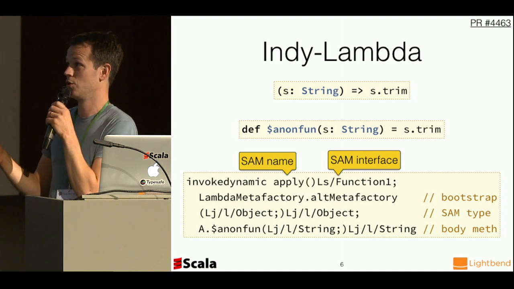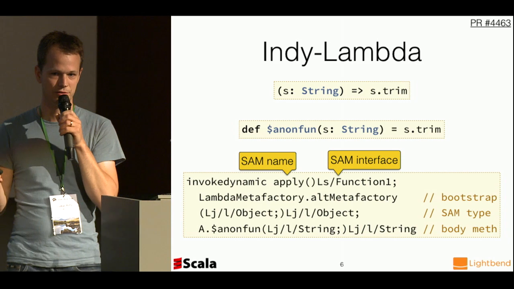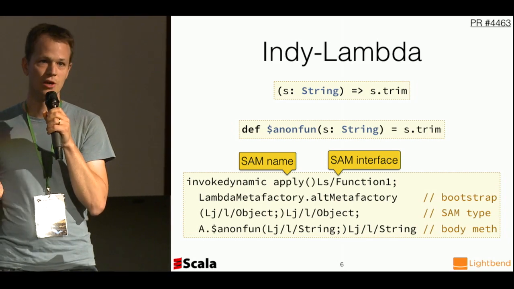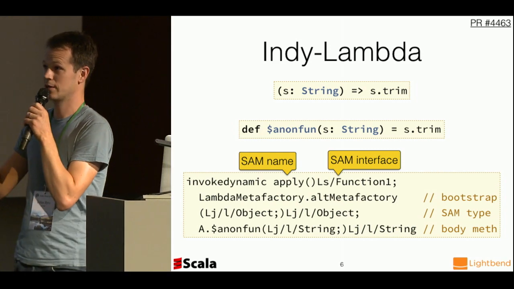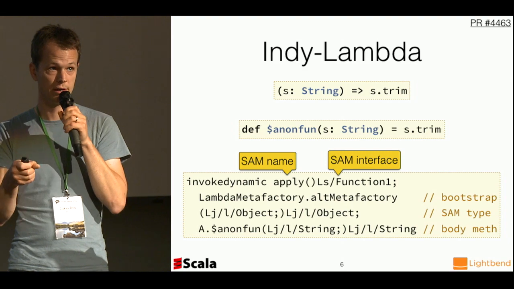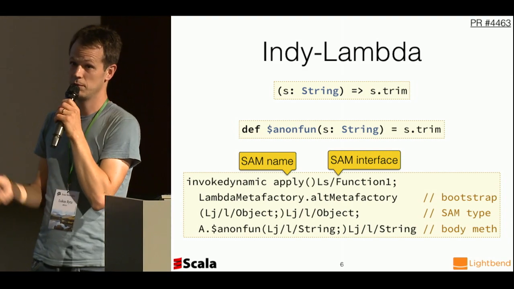Function1 is called the SAM trait here. SAM stands for single abstract method. So what this Invoke Dynamic can do is create an instance of a trait that has one abstract method, and this is the method that we want to implement in the end.